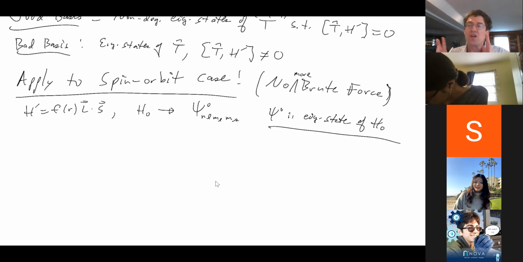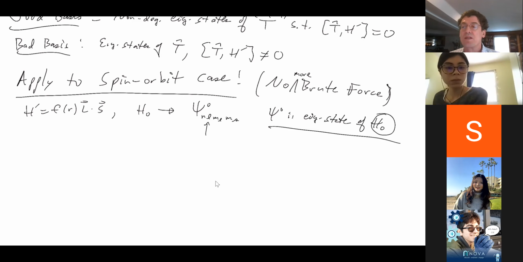But now let's look at the other operators, because notice that psi naught, in addition to being an eigenstate of H naught, is also an eigenstate of these. What is the operator associated with L? Actually, I'll help you out.